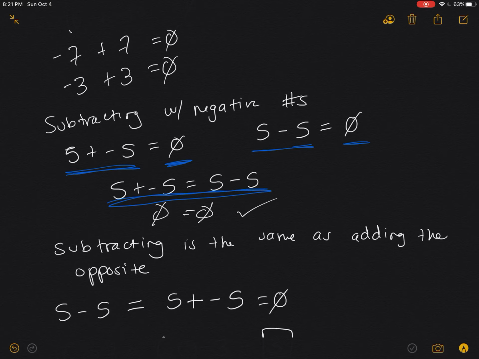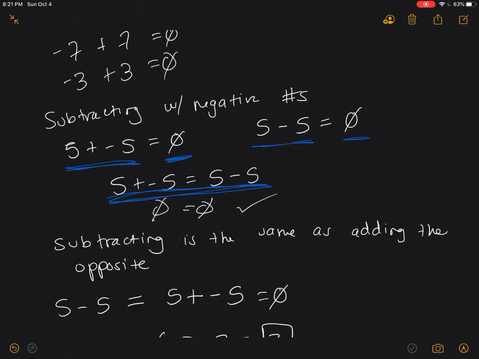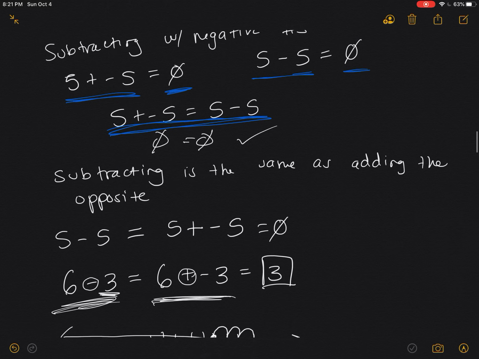Therefore, 5 plus -5 is equal to 5 minus 5, right? 0 will equal 0. They both come out the same on either side. So what this means is that subtraction is the same as adding the opposite. What does that mean?